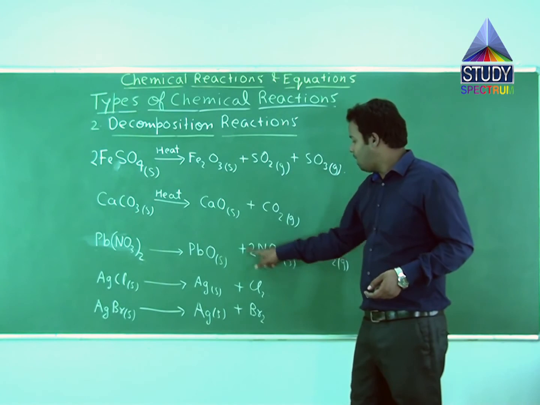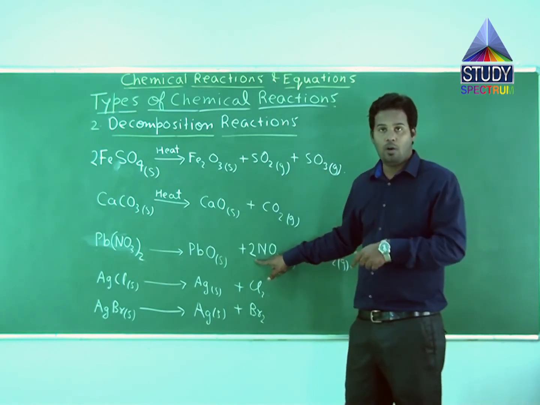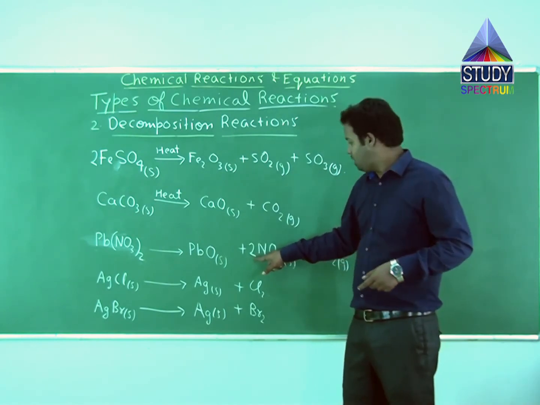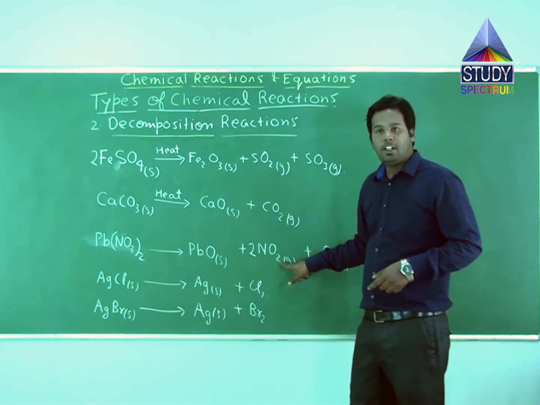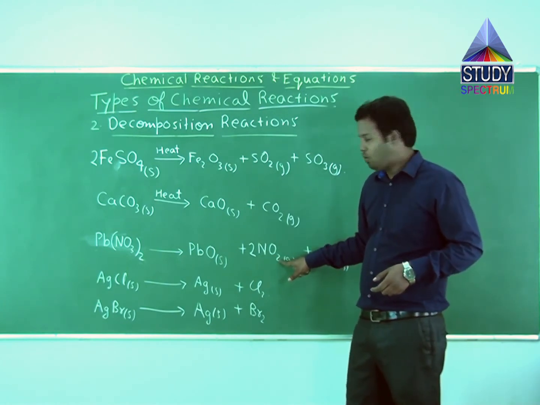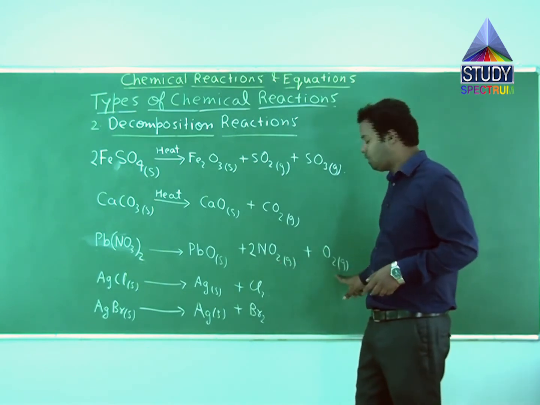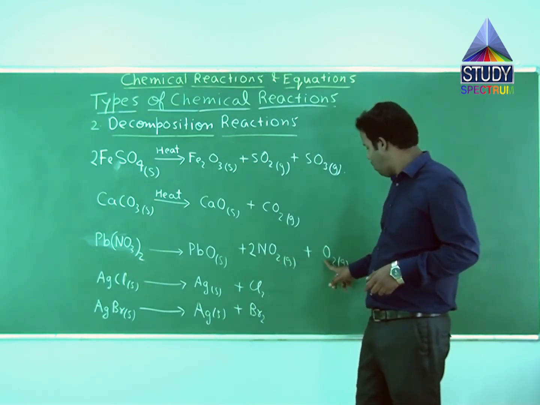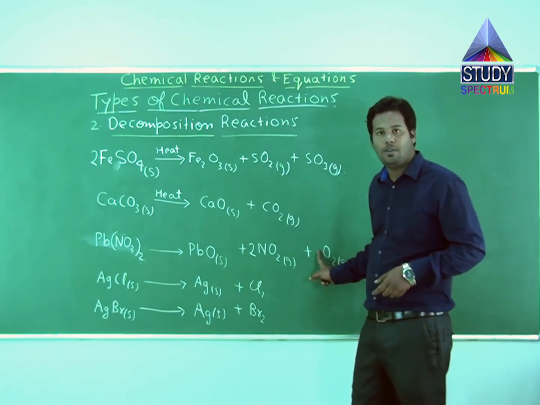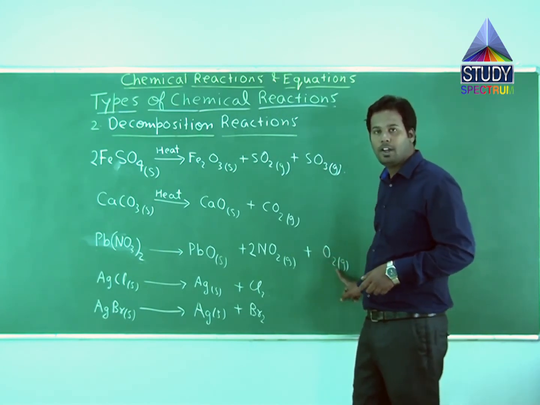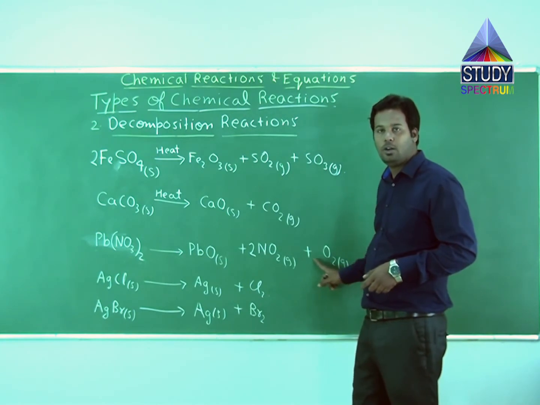If you talk about the second product, the stoichiometric coefficient now, since I have placed 2, is 2, and the suffix of oxygen in this compound is also 2, so it makes 4 oxygen atoms in this second product. And the third product contains 2 oxygen atoms. Why? Because the stoichiometric coefficient of O2 is 1 and the suffix of oxygen in this molecule is 2, so 1 into 2 is 2.